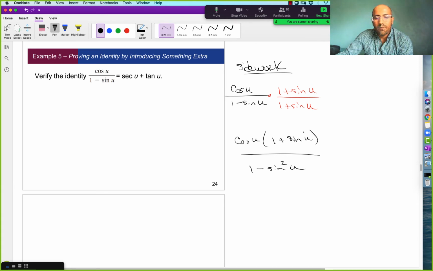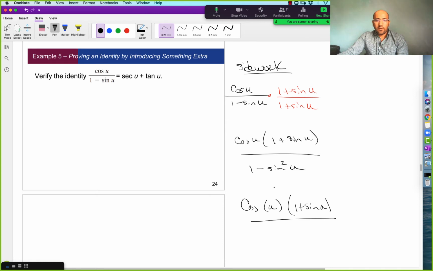Right, multiplying those two, which then gives me cosine of u times 1 plus sine u divided by cosine squared u, again using the same identity that cosine squared plus sine squared equals 1.